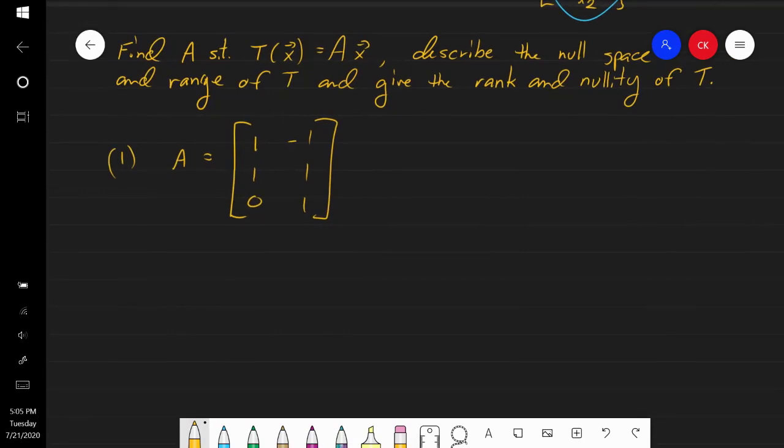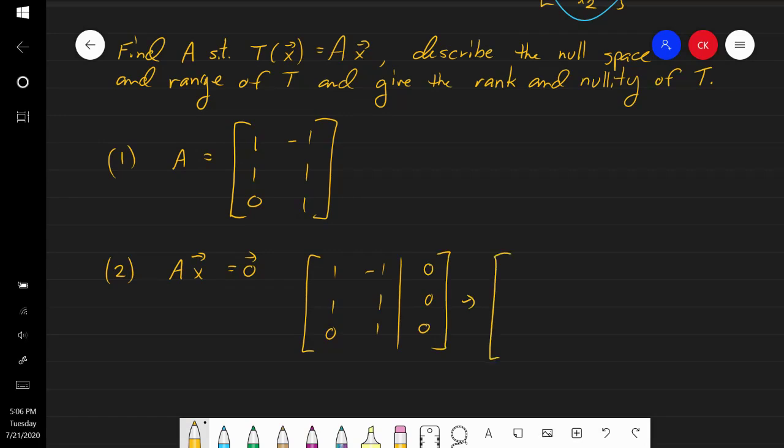So let's go after the null space of T. Remember, the null space is the set of all x's such that A times x is equal to the 0 vector. That means for us we go ahead and put this into an augmented matrix, and we can row reduce it.